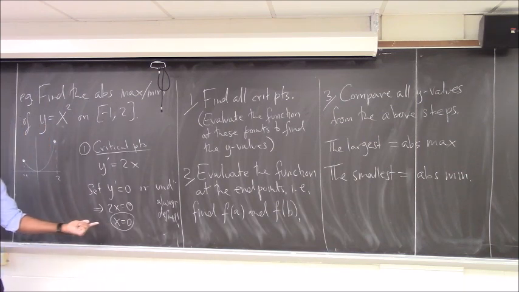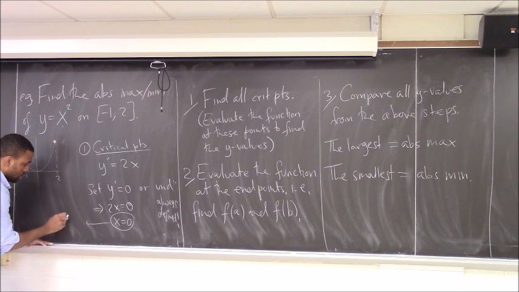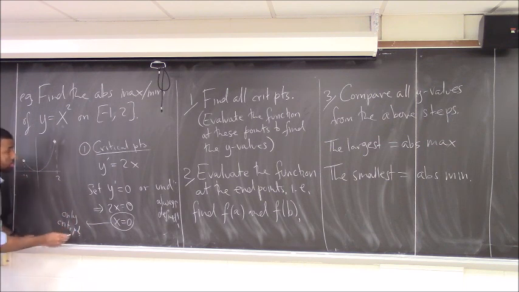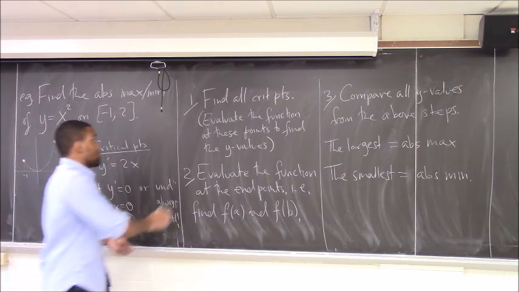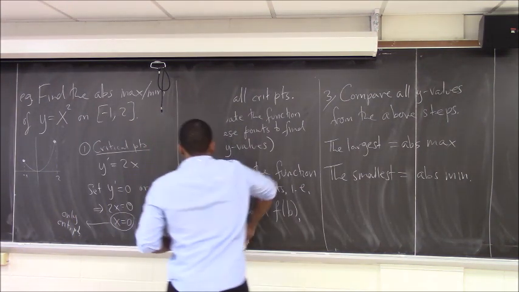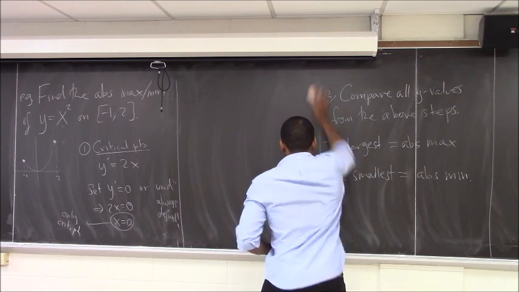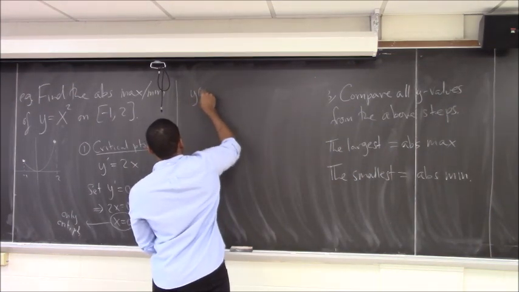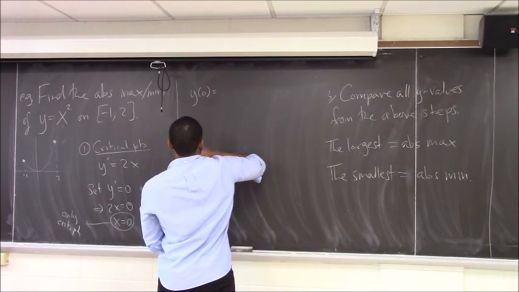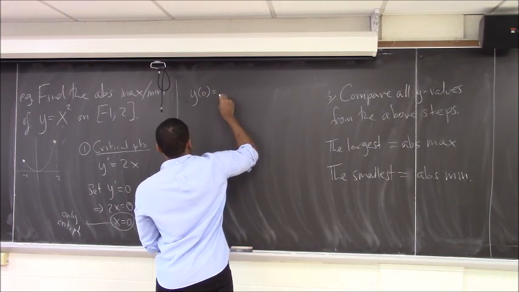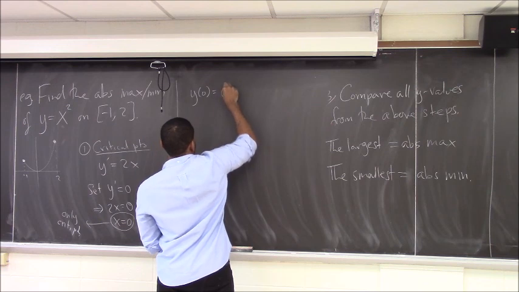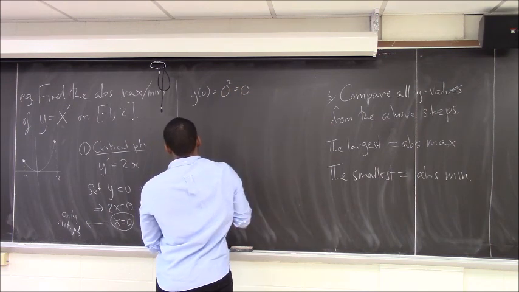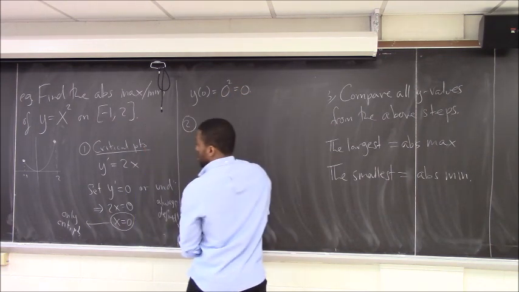So there's one critical point here. This is the only critical number. I want to find the y value there. So y of 0 is equal to 0 squared, 0.